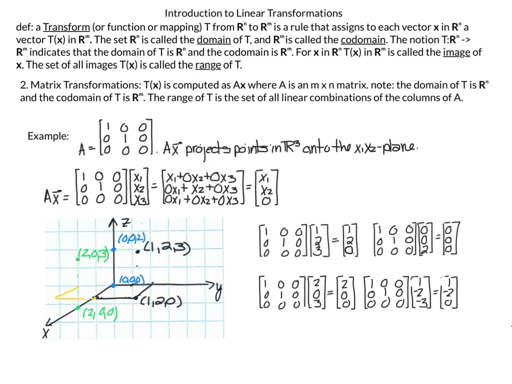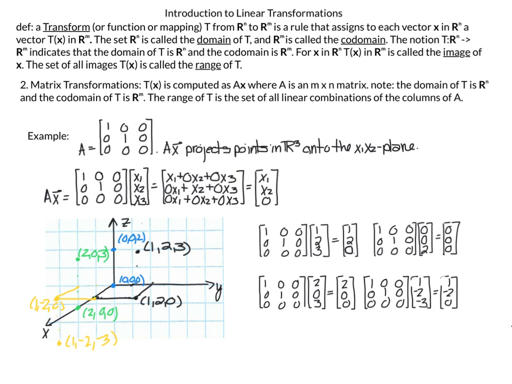This is actually my 1, -2, 0, but I have to go down 3, I'm sorry. Somewhere around here is my 1, -2, -3. So in this case, this point gets pulled up to the xy plane.